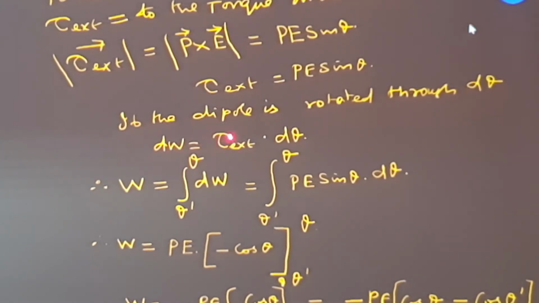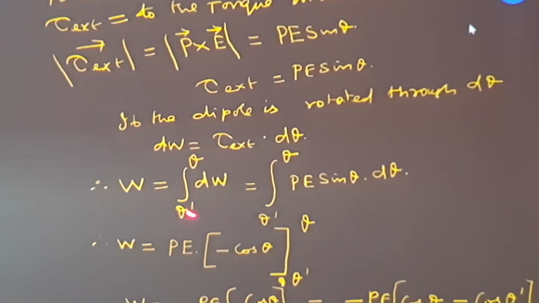We know work done is force into displacement in case of linear motion. In case of angular motion, the work done is the torque multiplied with the angular displacement. So tau external, the torque externally applied, which is equal to the torque produced on the dipole, dot product with the angular displacement. Now, in order to rotate it from the initial position theta dash to theta, to get the final work done, let us integrate the above equation.